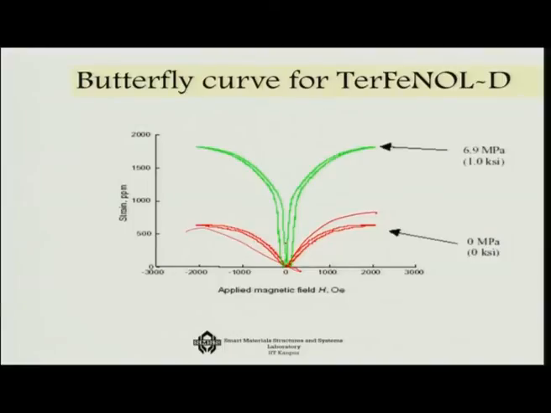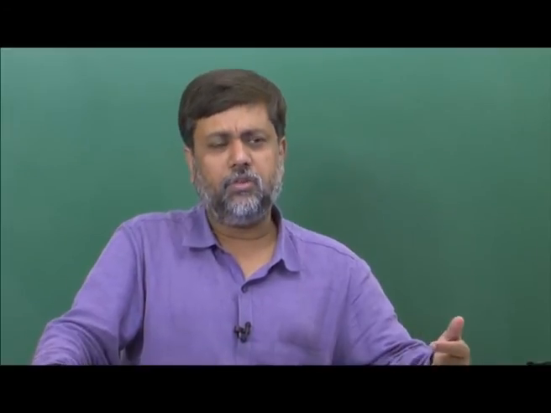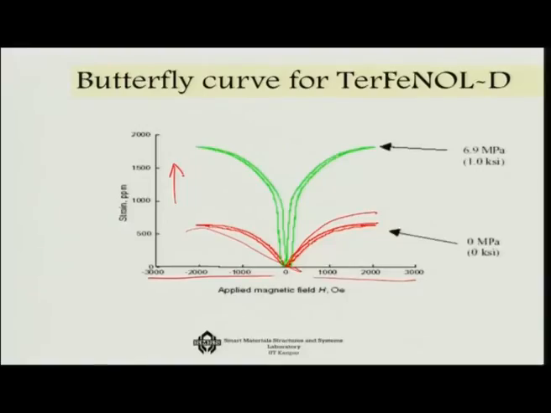With respect to positive field you get some shape, and with respect to negative field you get the reverse shape in the magnetostrictive material. However, the interesting point is that in all the cases you are only getting positive strain, only expansion. So how can we generate a tension compression sequence so that vibration gets generated in the system? Because it is a butterfly curve, it does not go to the other side.